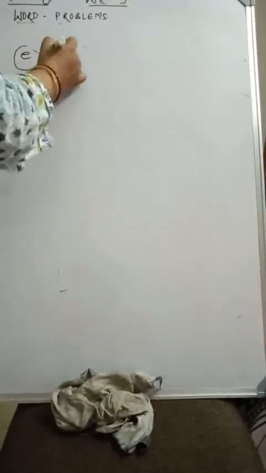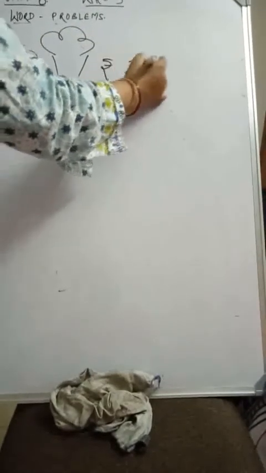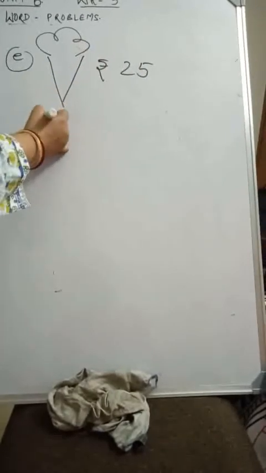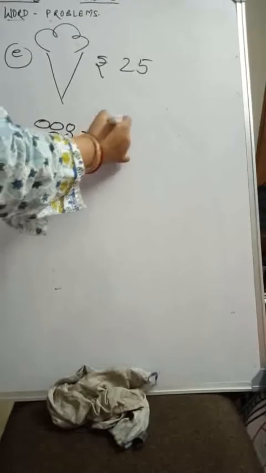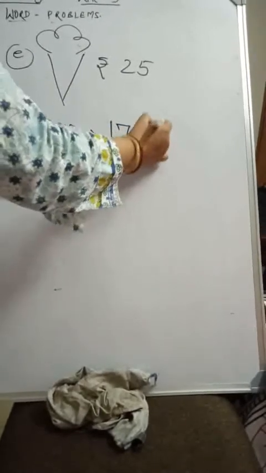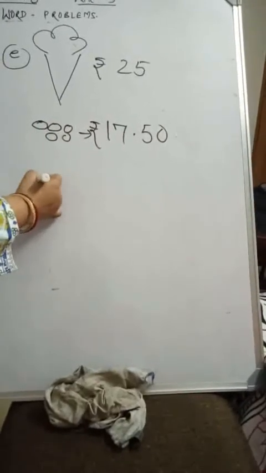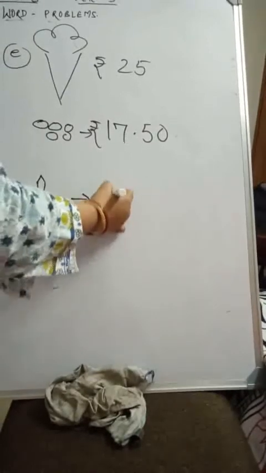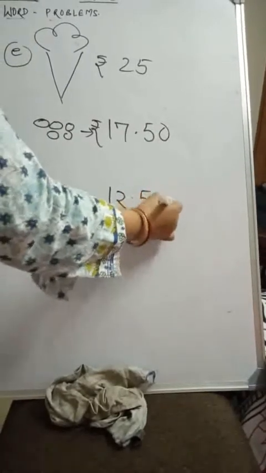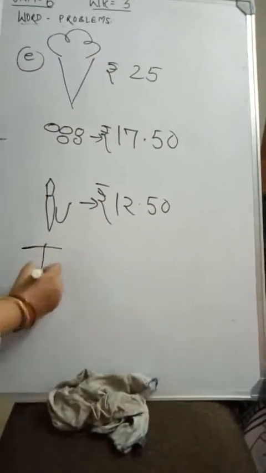Anjali spent rupees 25 on ice cream, rupees 17.50 on chips, and 12.50 rupees on a pen. Now the question is, find the total money.